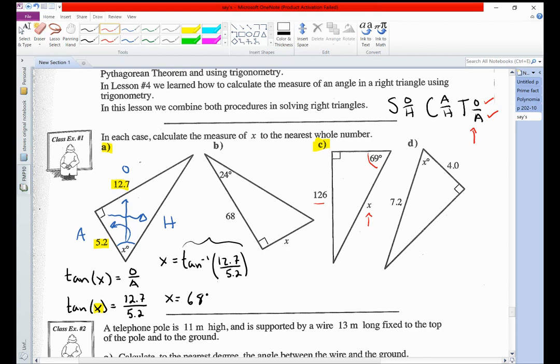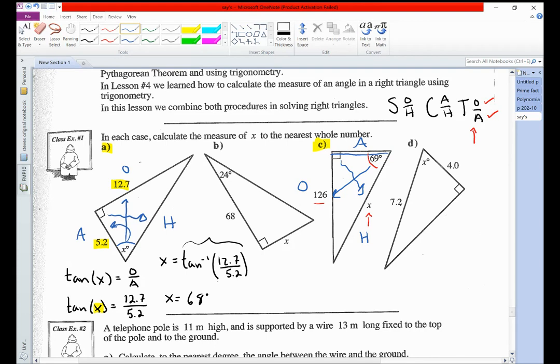We have an angle and a side, so that's awesome, and we're looking for a third side. So let's label the triangle. Across from our known angle is going to be the opposite. Across from the 90-degree angle is going to be the hypotenuse. And the side between the reference angle and the 90 is the adjacent.